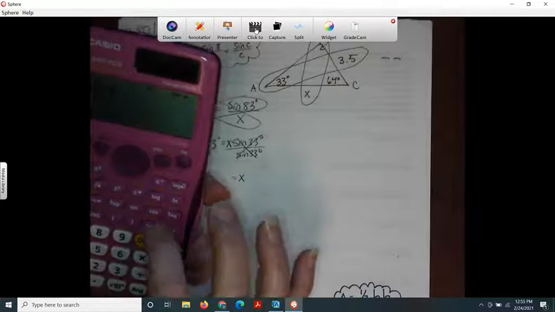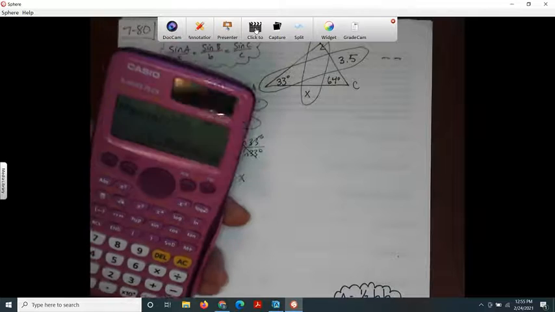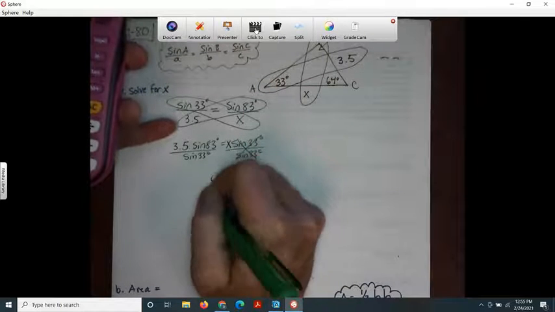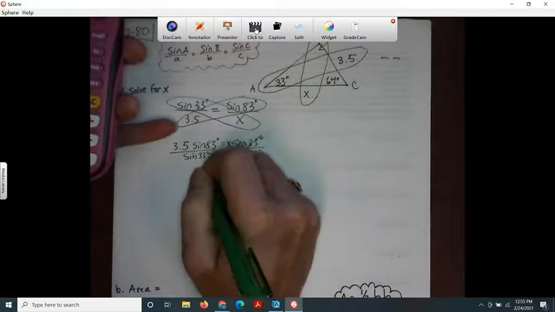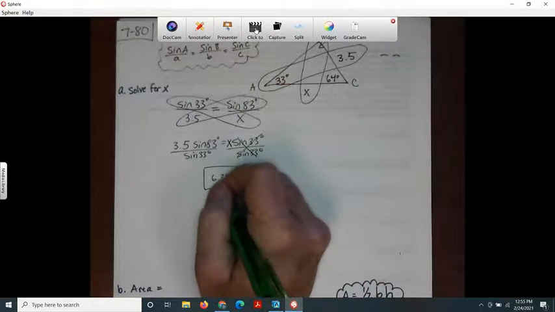And I got 6.378. So I'm going to say it's 6.38. So I solved for x. And these should be approximate. And then what else am I supposed to do?